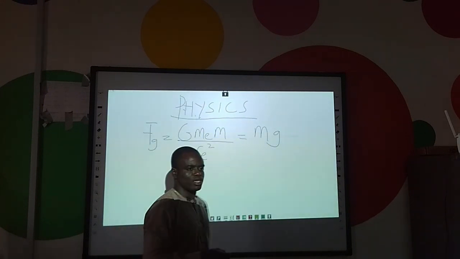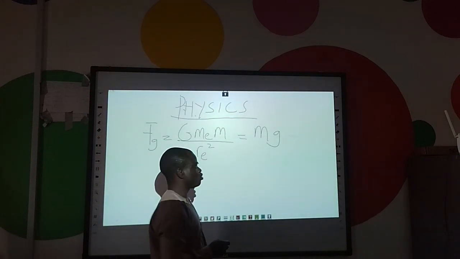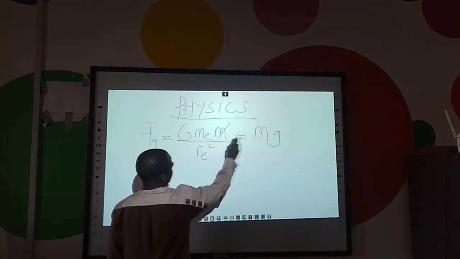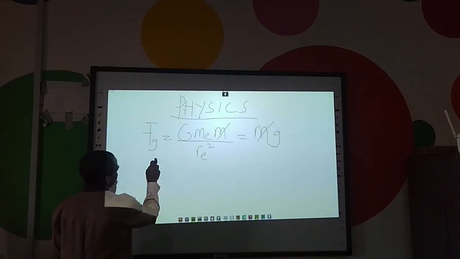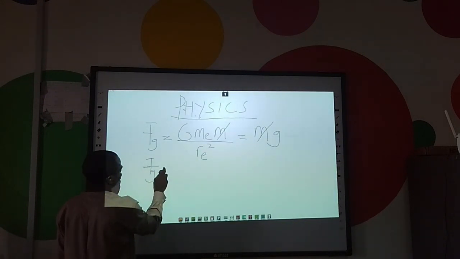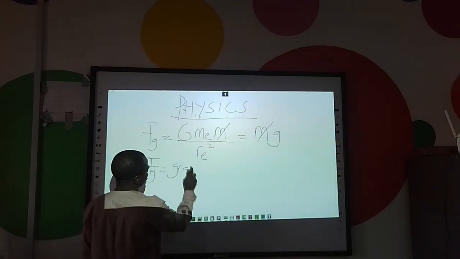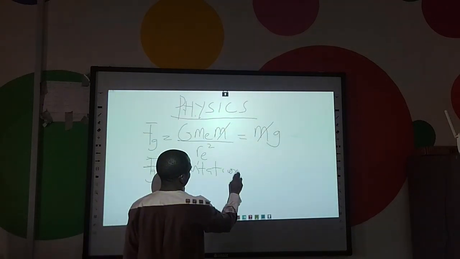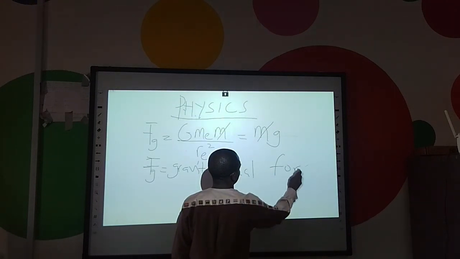Force equals ma, but since we are dealing with gravitational force, we make use of F equals mg. From there, m cancels m, the mass of the object. Let's write the meaning of each of them. F subscript G equals gravitational force. Let's take notes.